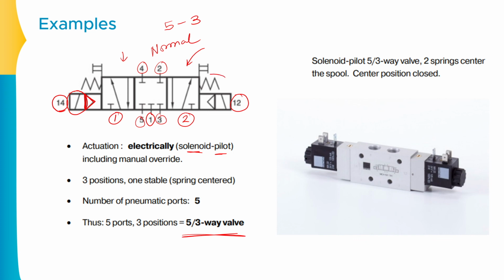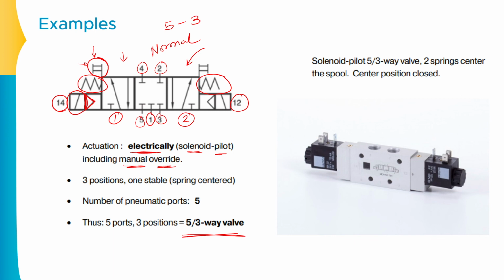Secondly, it has the mechanical spring return mechanism, and there is an option of overriding. So if something goes wrong, or if you want to operate it manually, you can override things. So this specific point represents the override. Ultimately, actuation occurs electrically, but there is an option of manual overriding. The operation is done by a solenoid, but there is a pilot valve.